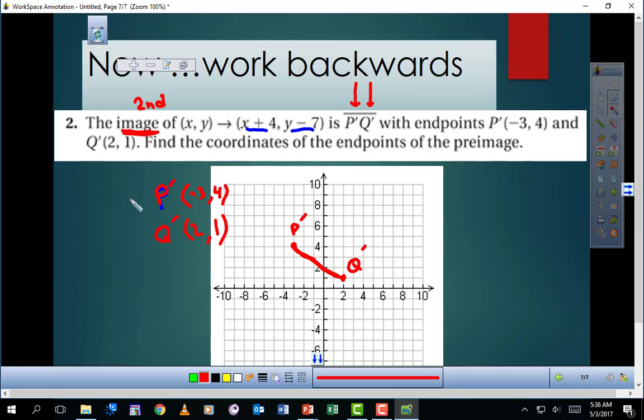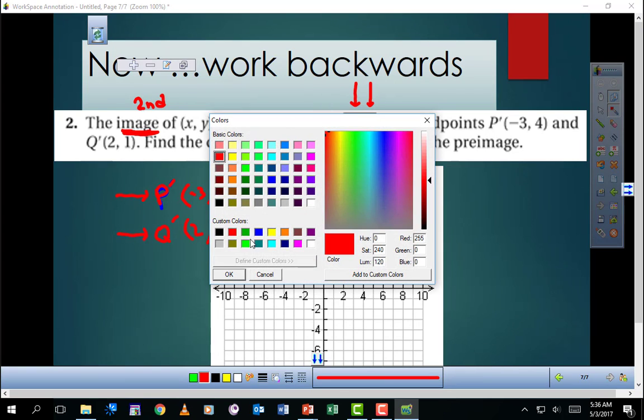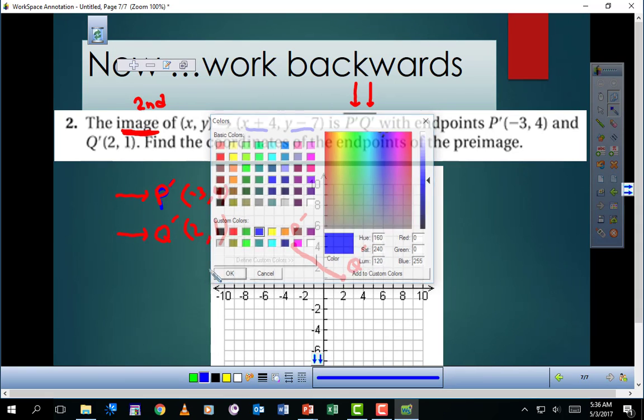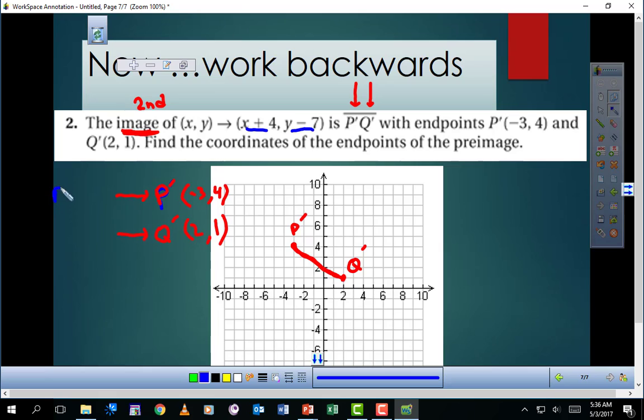Then we use some rule to get here. Remember, we do this step here, it's a transformation. Now what we want is the original pre-image. So where is P sitting, and where's Q sitting back?